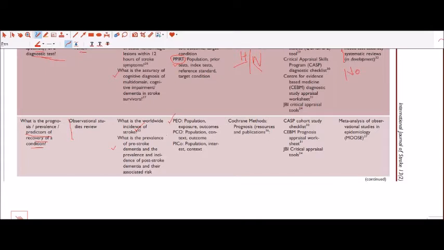I told you PEO you can use, PCO also you can use, however PICO, because intervention is not there, I'm fine with it. However, be very careful, and these are the Cochrane methods, how to use it, and it has been given to us.